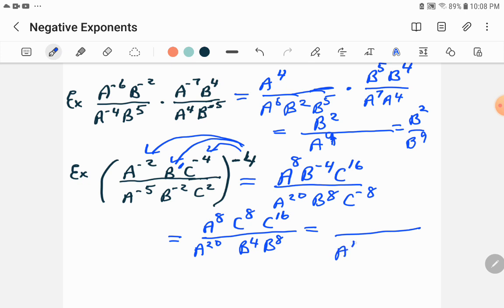So a to the 12. Here, both b's are in the denominator, so we could just multiply them together. We add the 4 and 8 together to get b12. And both c's are in the numerator, so we can add 8 and 16, so that should be c24.